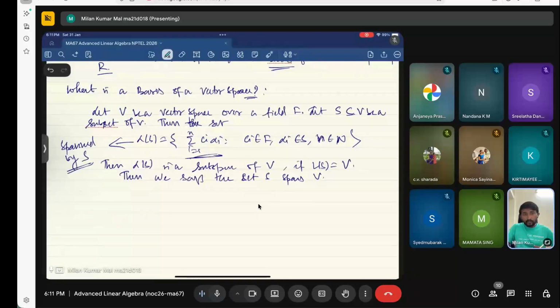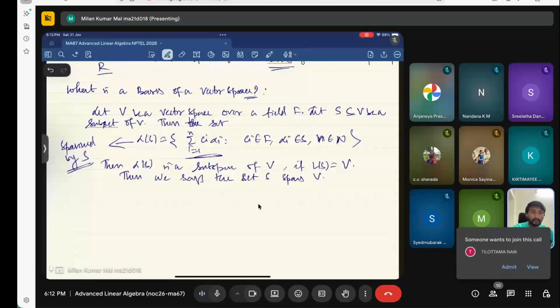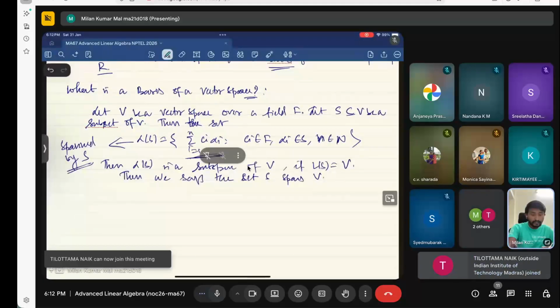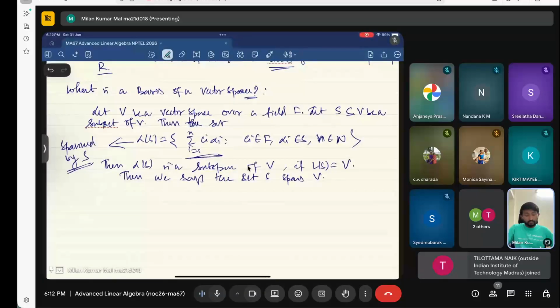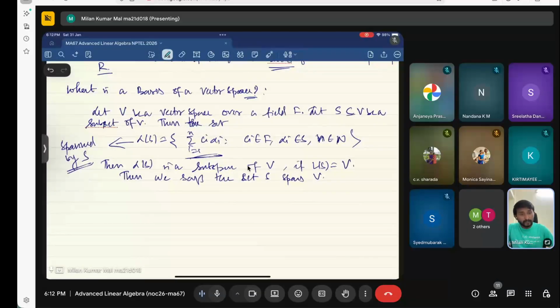If you take a subset of a vector space and take its linear span, that will be a vector subspace. If in addition LS is equal to V, then we say that the set S spans V.